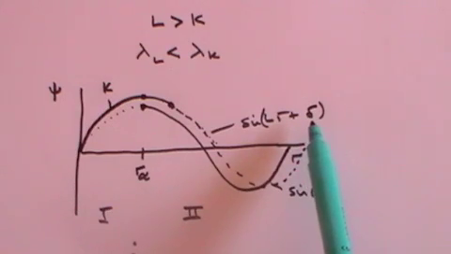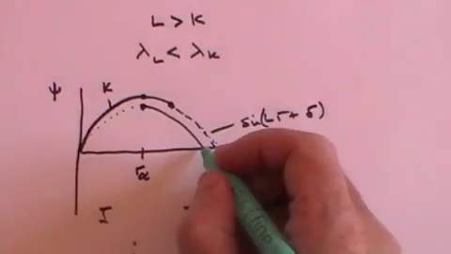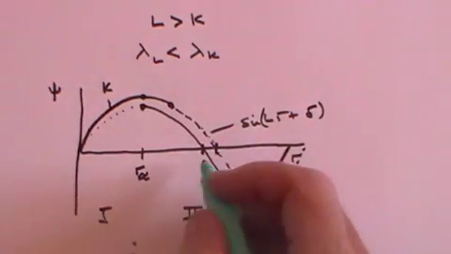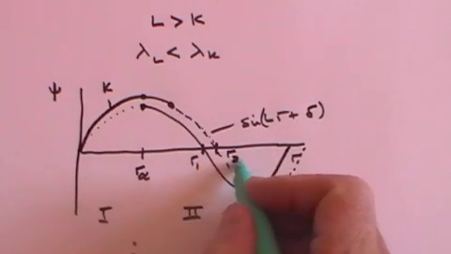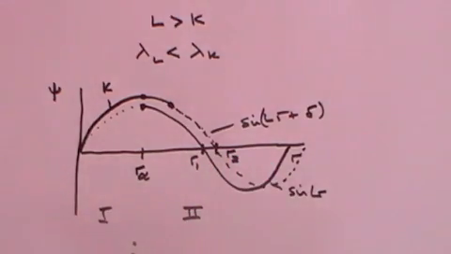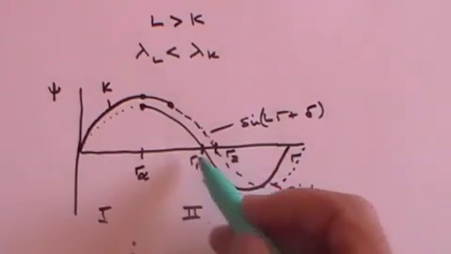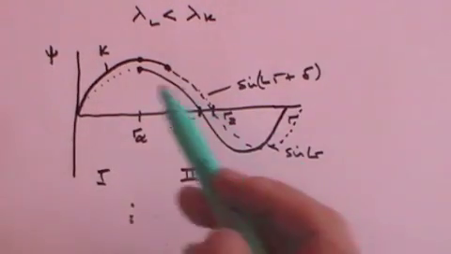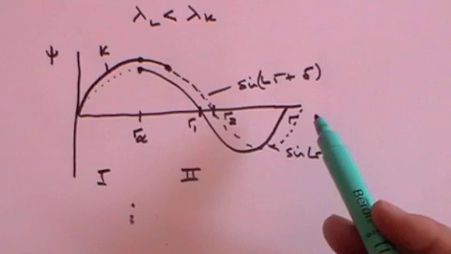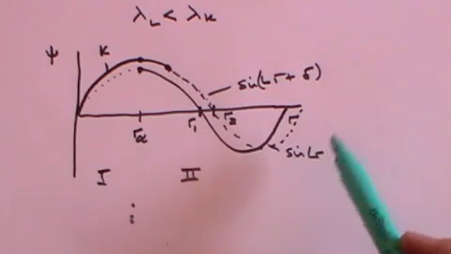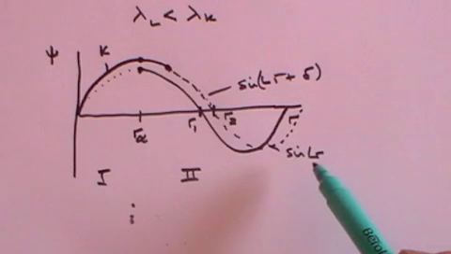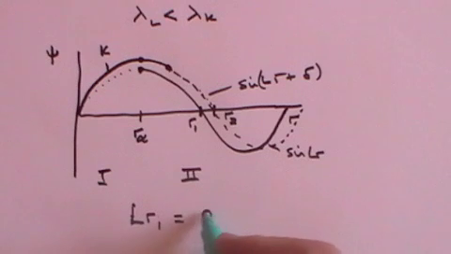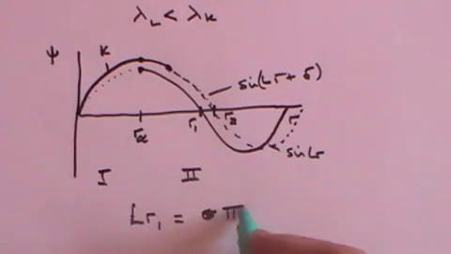And now once again, where it crosses the point where the wave function equals 0, I'm going to call that R1 and I'm going to call that R2. Let's look at the sine LR wave. That's the solid wave. When it crosses the point where psi is 0, that means that sine LR is 0, which means that LR1 equals pi.